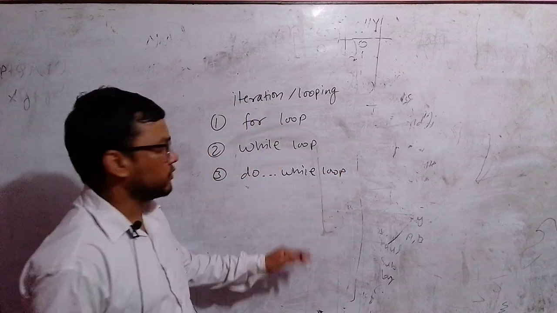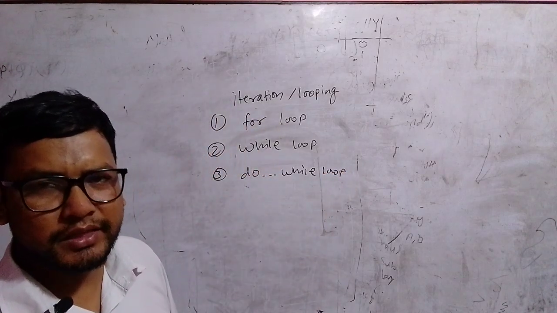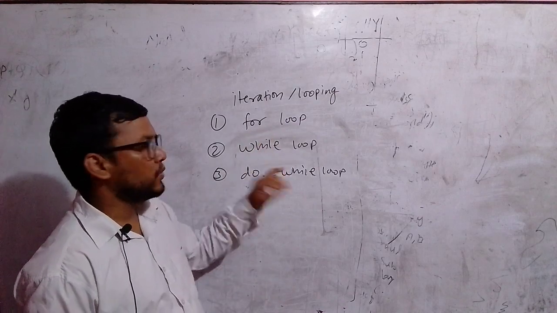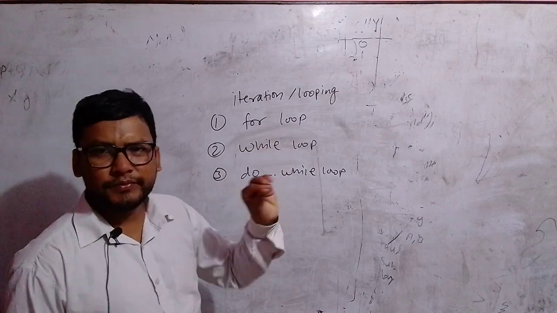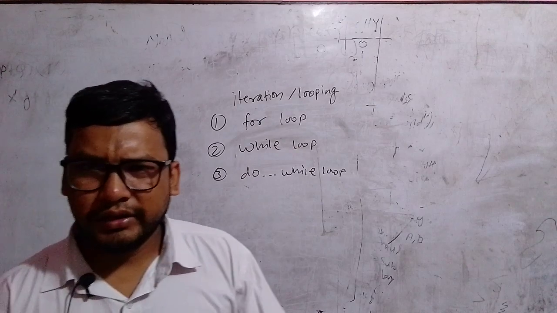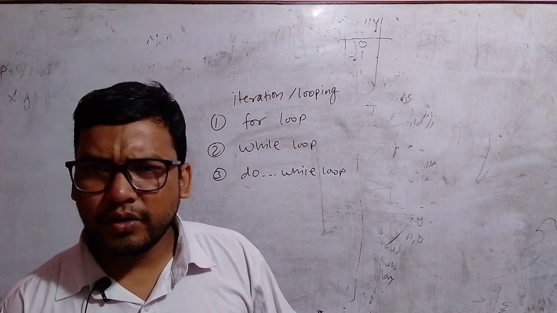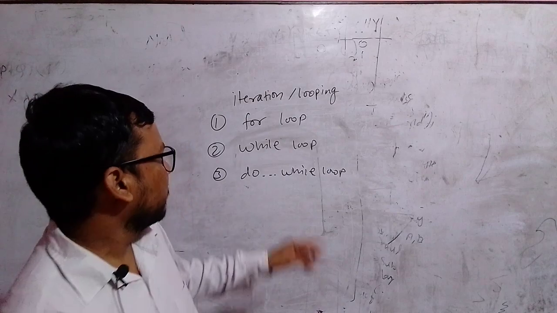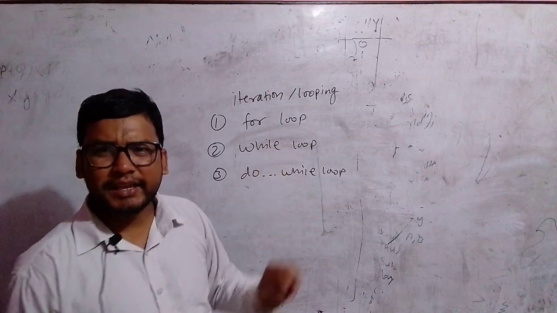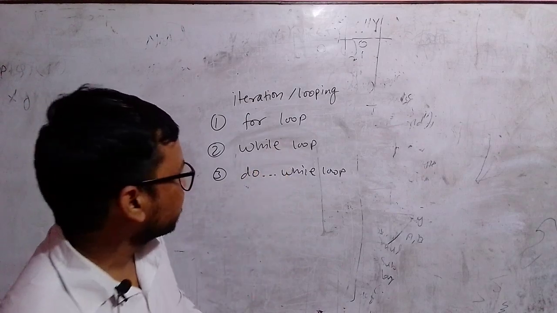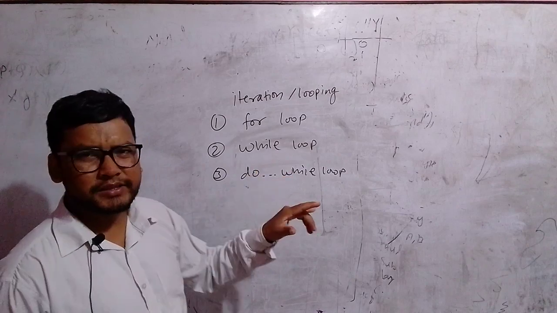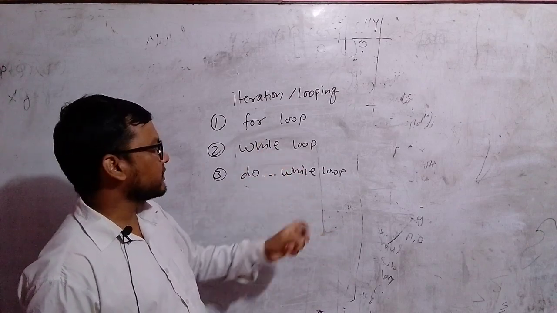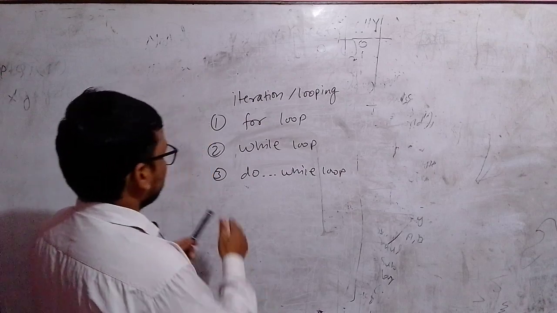There are three methods to perform looping operations in the C programming language. These all perform the same operation, that is, repeating a certain block of code a fixed number of times, but their syntax is different. Syntax means how to express, how to do looping, and it is different for each of these.